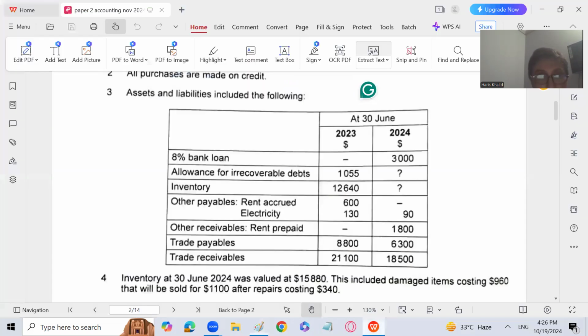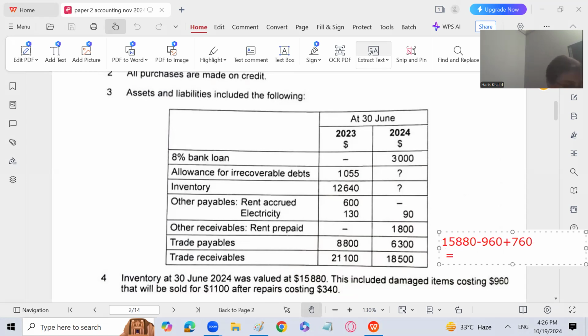So if we just see the question, the inventory of 15880 includes a damaged inventory of 960. So I will subtract 960 because that is the cost and NRV is less than that, that is 760. So I will subtract 960 and add 760 to get my correct value of closing inventory.